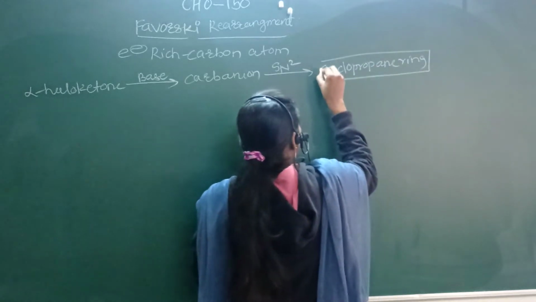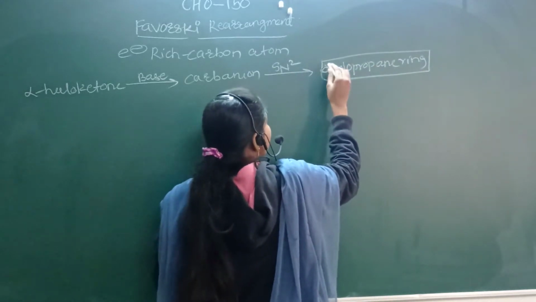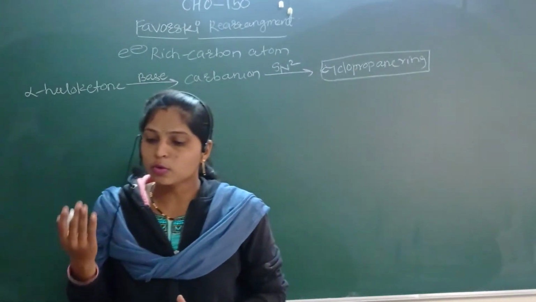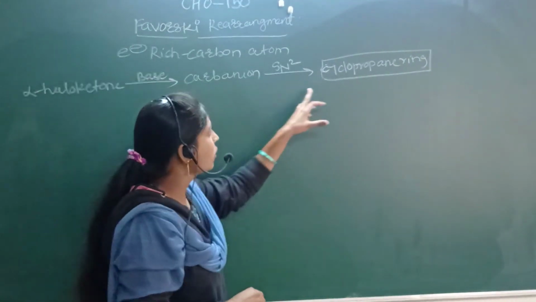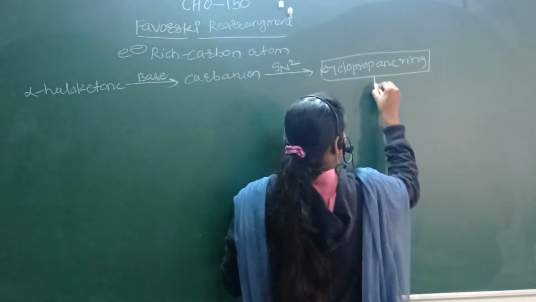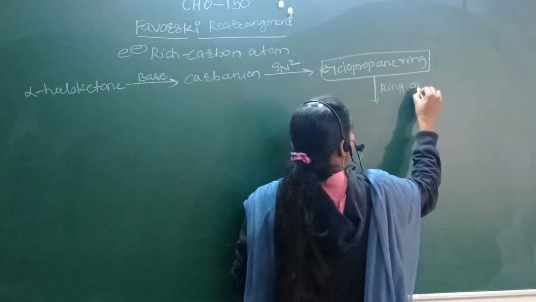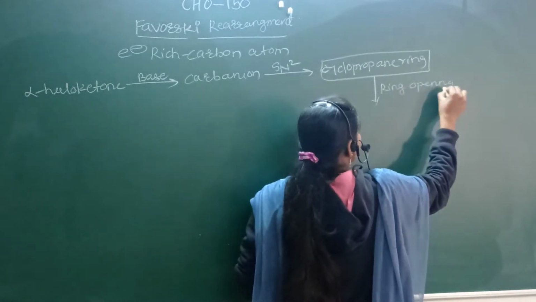When the carbanion undergoes the SN2 reaction mechanism, the cyclopropane ring is formed. Then in the next step ring opening takes place.